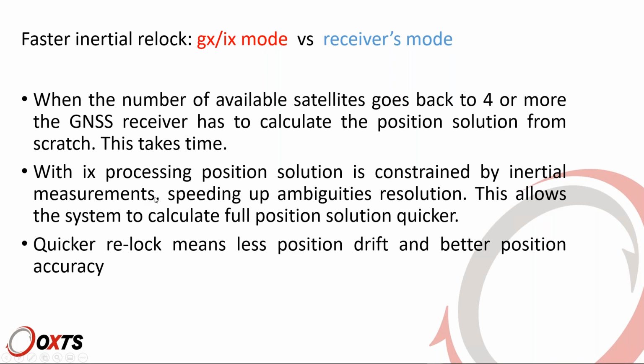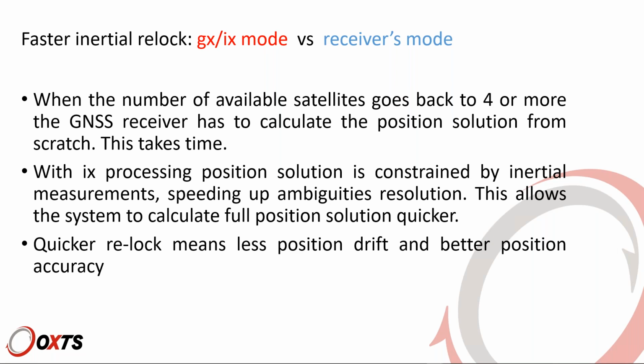The IX mode does have a clue, because the position, as we said, is constrained by inertial measurements. So while it cannot be extremely precise to the centimeter level, say, the search area, the uncertainty area, will be in the meters. So it will be much quicker to resolve ambiguities when it gets more satellite data. So the system will be able to calculate a full position much quicker.